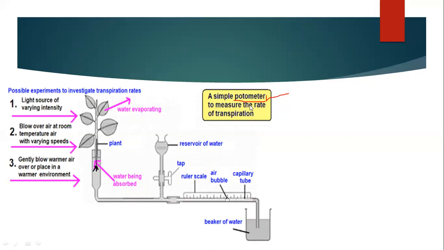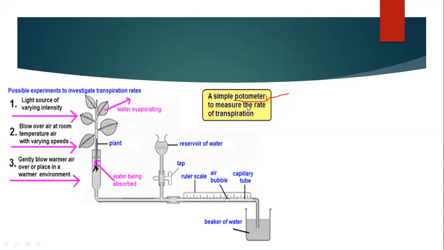Okay, and we are measuring the rate of transpiration. Sometimes it will come in your exam, they say they are measuring the loss of water. So this glass tube will be metered, and from the loss of water in a specific time, you can calculate the rate of transpiration.